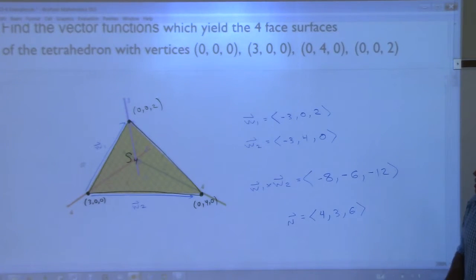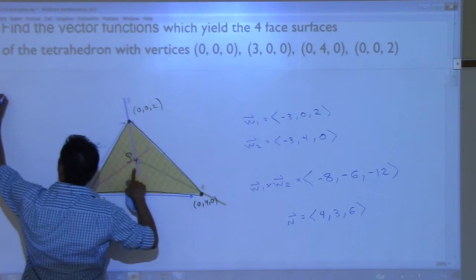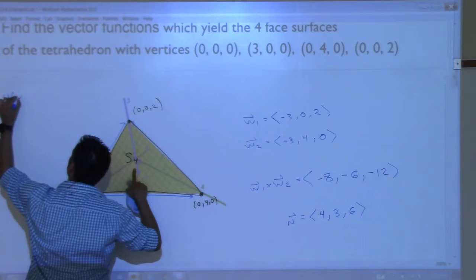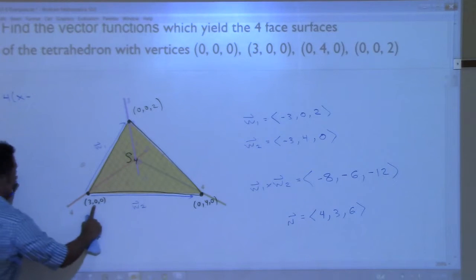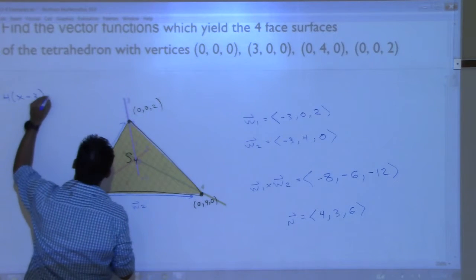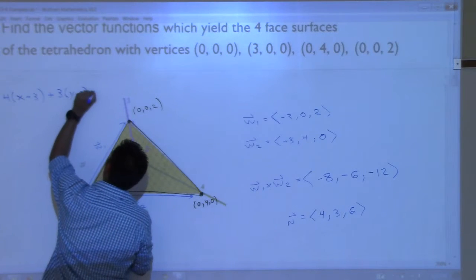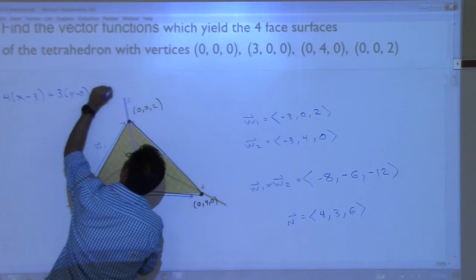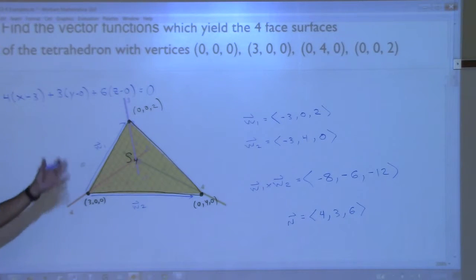So the equation of the plane S4 is 4x minus what? We can use any of these points, right? So why don't I use this one? 4 times x minus 3, plus 3 times y minus 0, plus 6 times z minus 0 equals 0. Does all this ring a bell like we did this way back in the day?